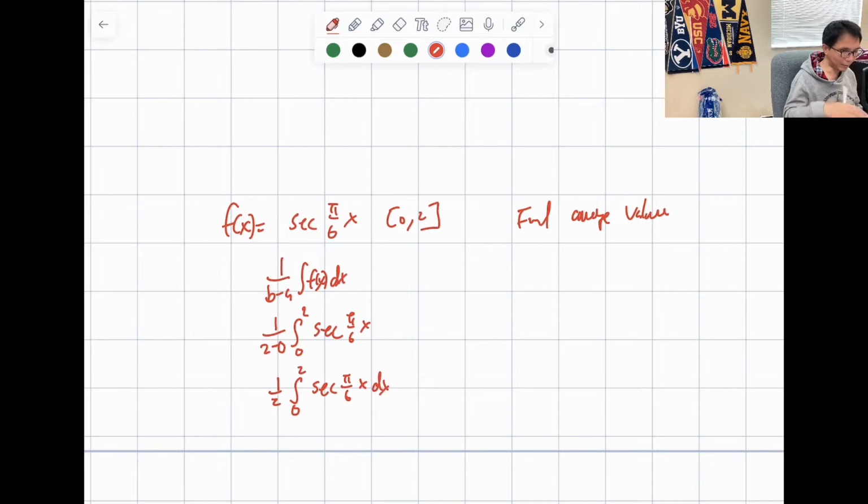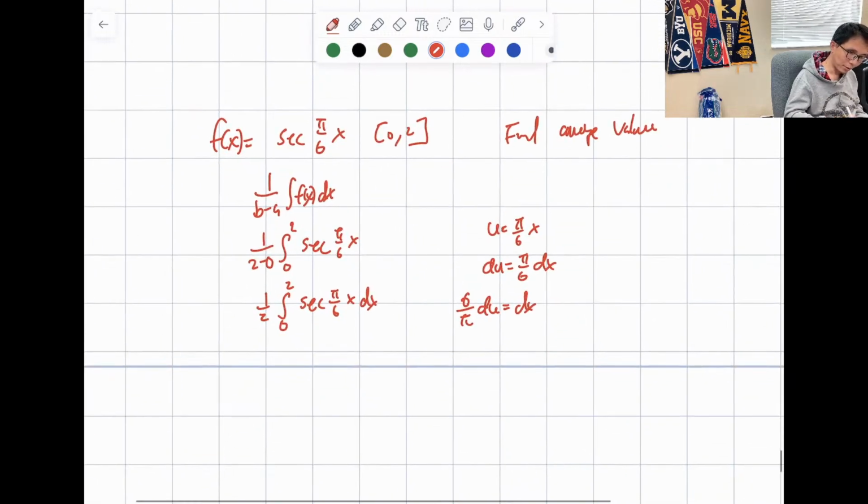Now remember that pi over 6 is going to move to the front and become 6 over pi. That is a trick, but that's okay. I'm going to just do it out because I have no life. So 6 over pi du equals dx.